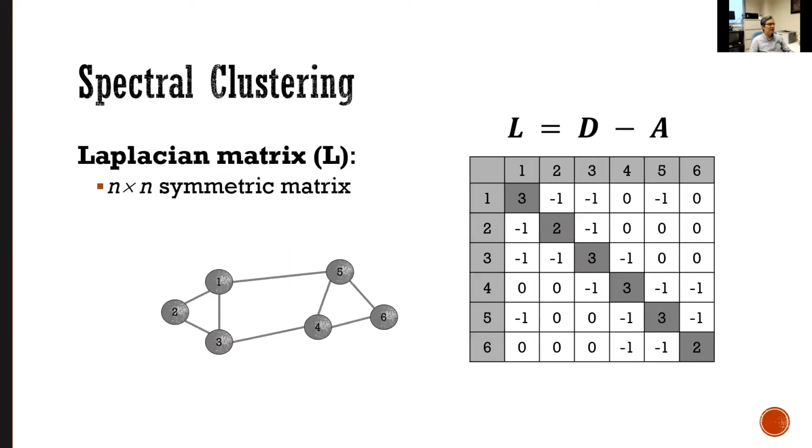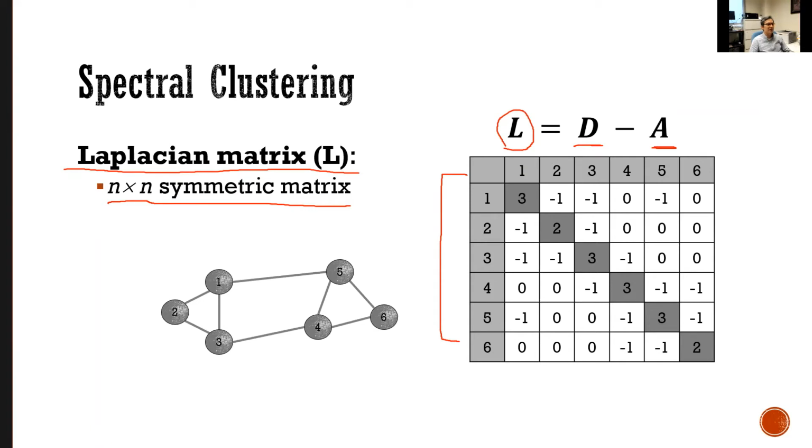Once you have that, we compute the Laplacian matrix. The Laplacian matrix is also very easy to compute. It's also a symmetric n by n matrix. The Laplacian matrix is the difference between the degree matrix and the adjacency matrix. Basically, you take the degree matrix minus the adjacency matrix, and then you obtain this so-called Laplacian matrix.